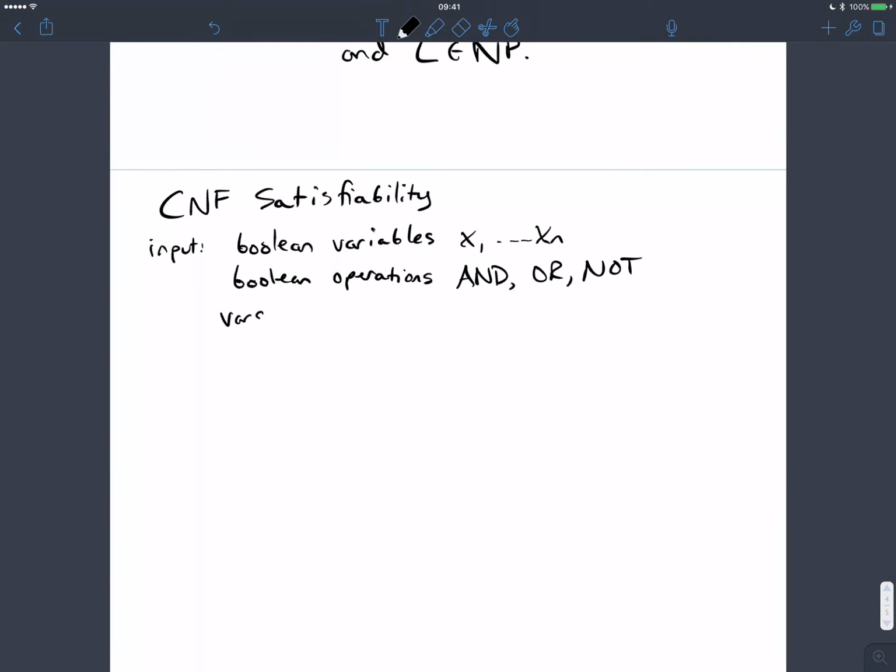So variables can appear in what is called positive form, which is xi just by itself, or negative form, which is xi bar. So for example, if I set xi to be true, then the positive form instance of that variable would be true, and the negated form would be false. Okay?